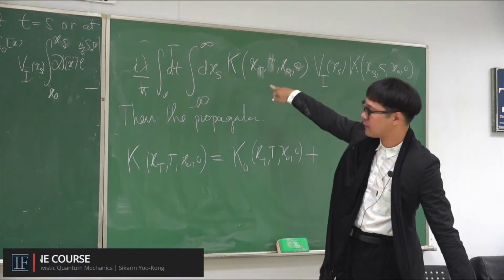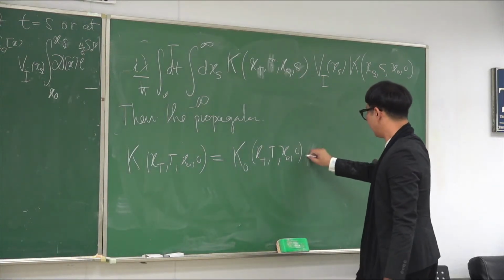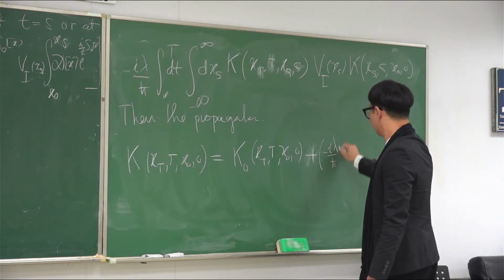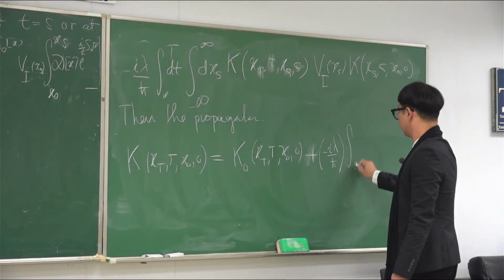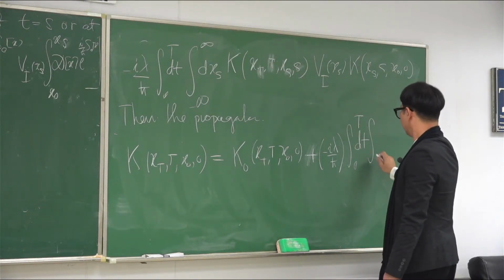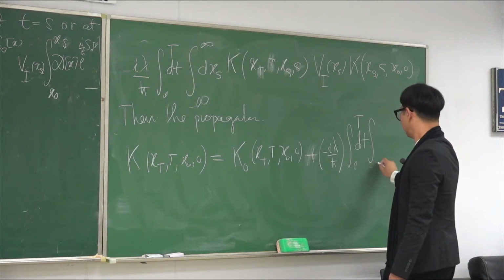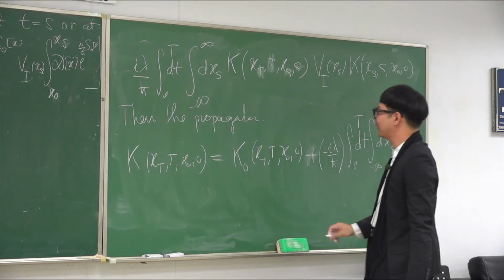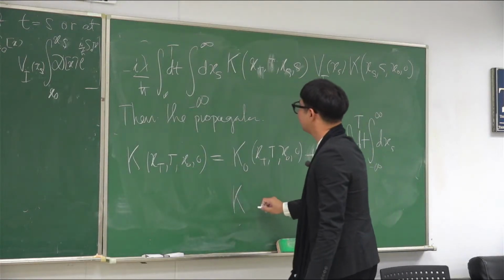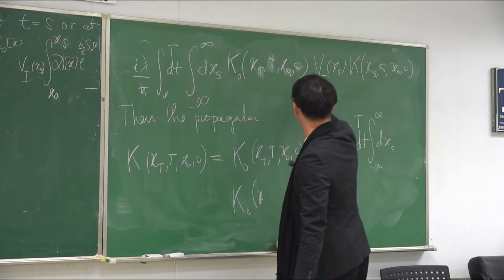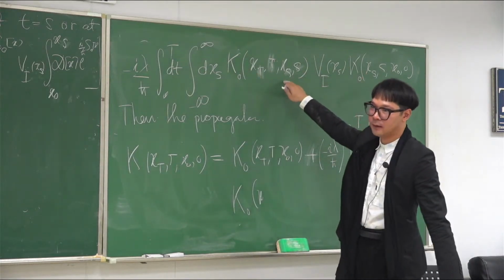Plus this thing, plus this thing, which is such a tedious thing to write. Anyway. And this should be K of, after all, right?